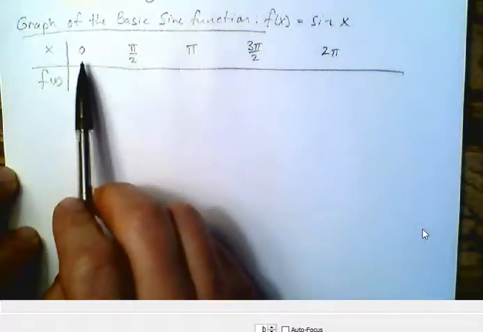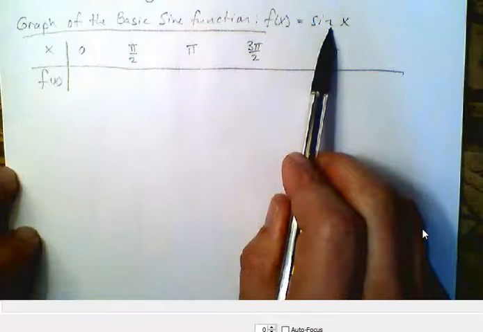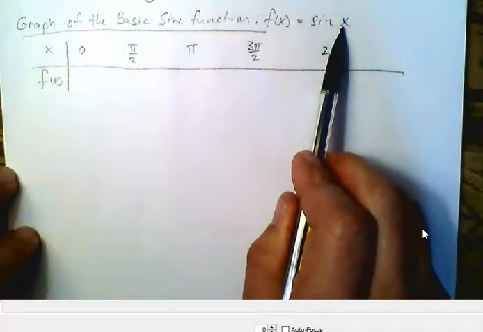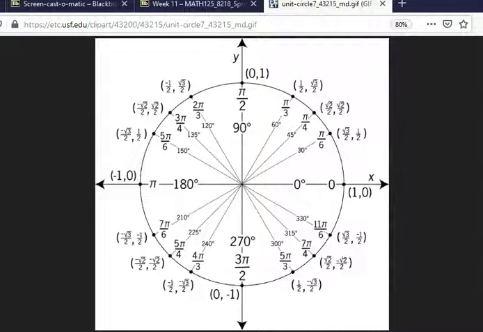So let's consider what the sine is when x is 0. So that means when the angle is 0, what is the value of sine? So let's look. At 0 degrees or 0 radians, the sine is simply the y-coordinate of this point.